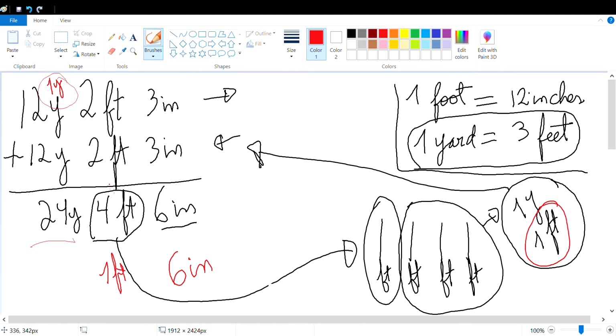So 24 yards plus that yard is going to be 25 yards. And this is going to be my answer to the baseball problem: 25 yards, 1 foot and 6 inches.